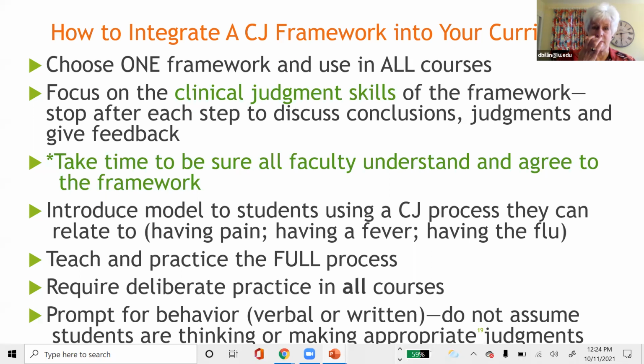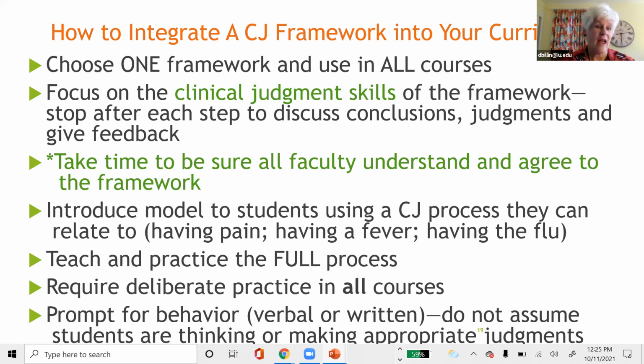In some ways this is a curriculum process too, because if people are using a framework in a variety of different ways, that's probably not going to be helpful to the student. If you haven't done a systems check on how you use any of these frameworks, you might be surprised to find the variety of ways it's being implemented. So this would be a good time to touch base with everybody, see how it's being used, and see if there is some consistency across all of the faculty.